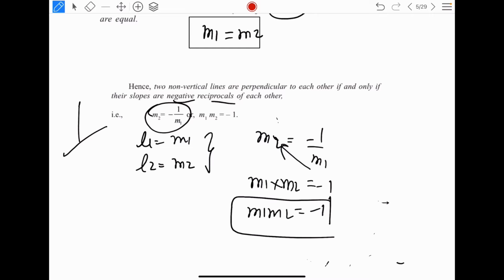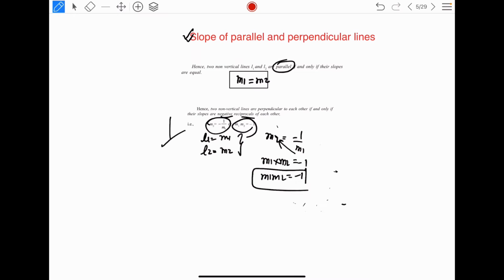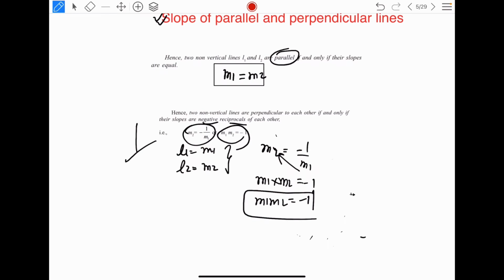The condition more used in the questions is M1 M2 is minus 1. So multiply the slopes, you will get minus 1. Why? Because M2 is minus 1 upon M1. Take M1 on the other side, M1 M2 is minus 1. Then the lines are perpendicular. If M1 is equal to M2, then the lines are parallel. Very important condition.